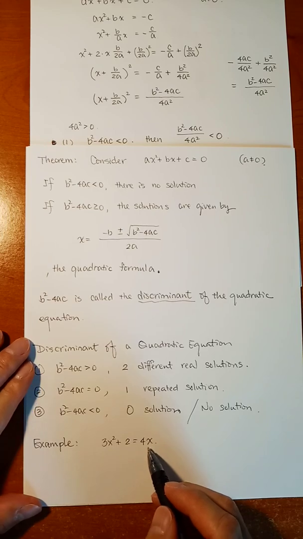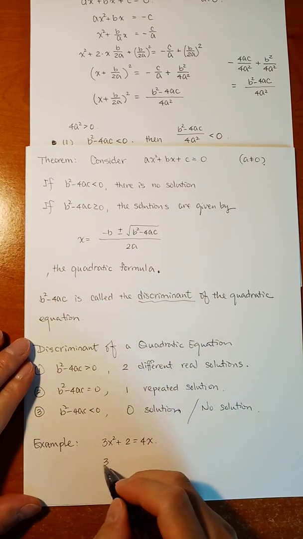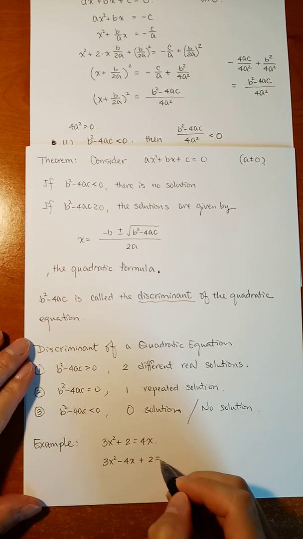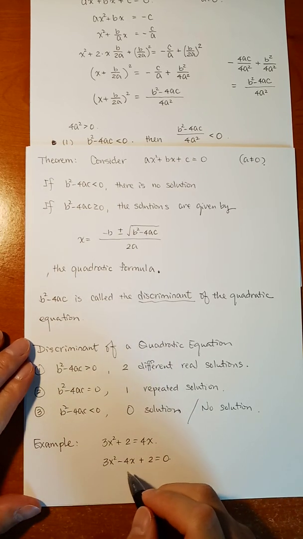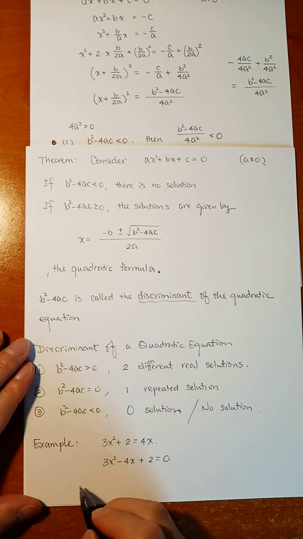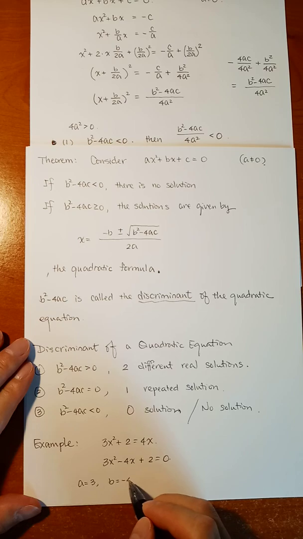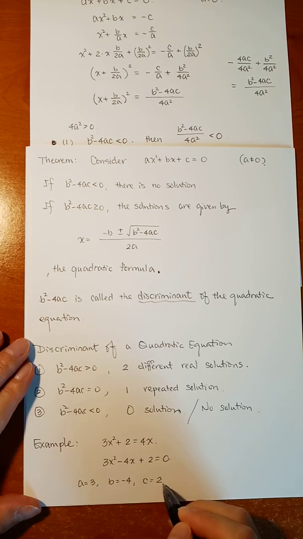You have to move this 4x to the left-hand side. You get 3x squared minus 4x plus 2 equal to 0. Then a is 3, b is, be careful, negative 4, and c is 2.